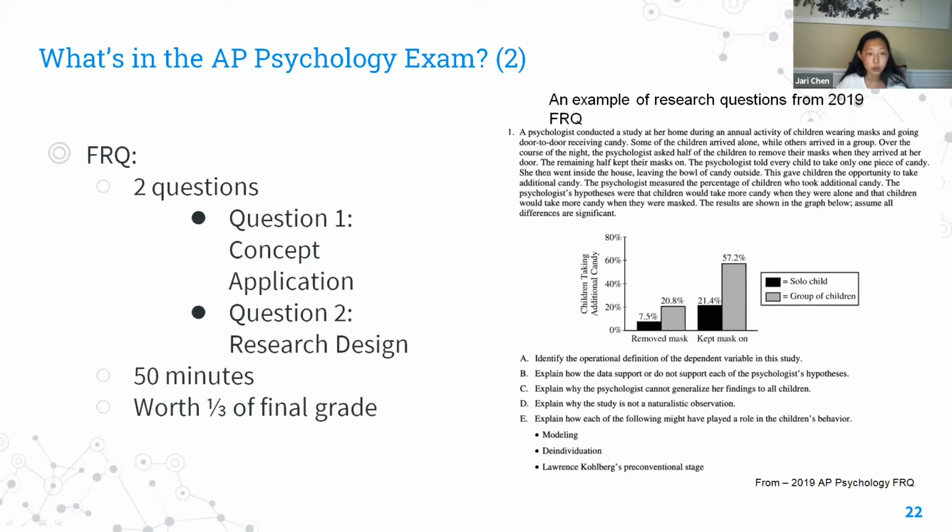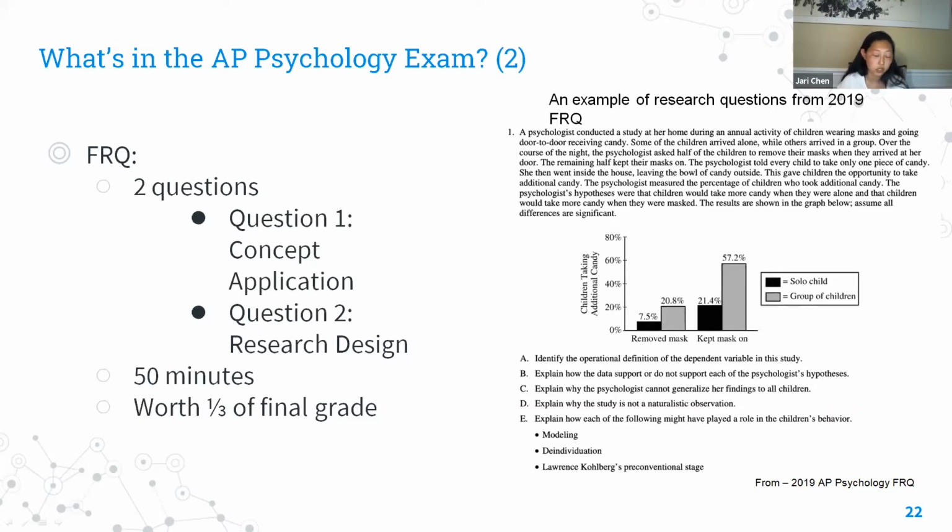So as shown on the right, there's a question that is a research design question. It has 7 parts with questions like finding the dependent variable and supporting hypotheses, as well as a couple of vocabulary terms. So usually in the research design question, there is a graph.